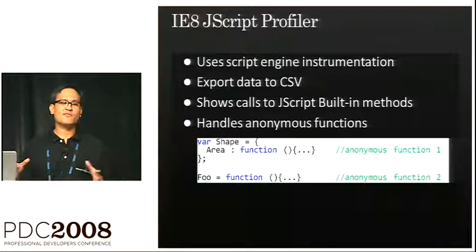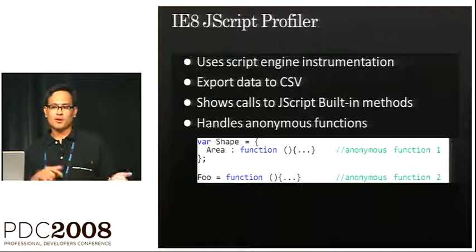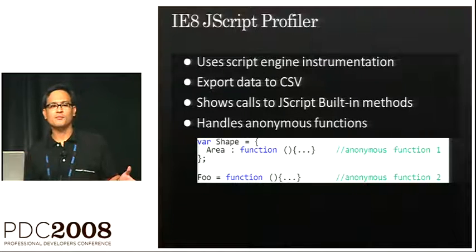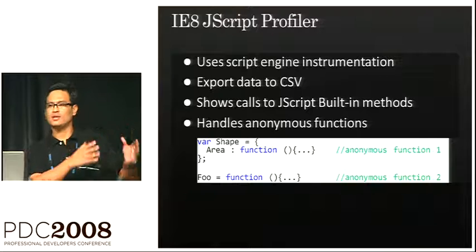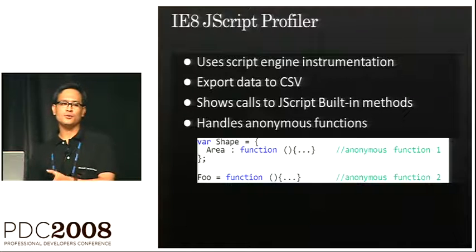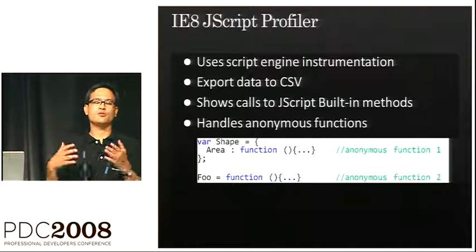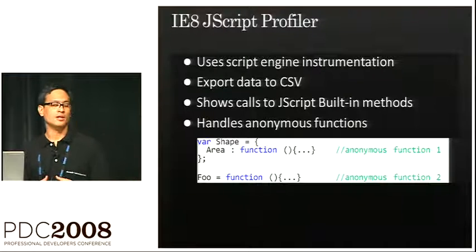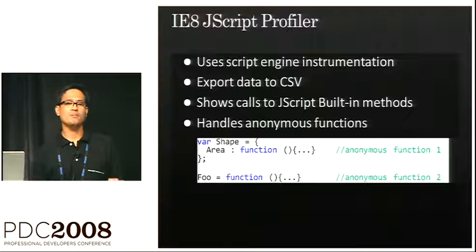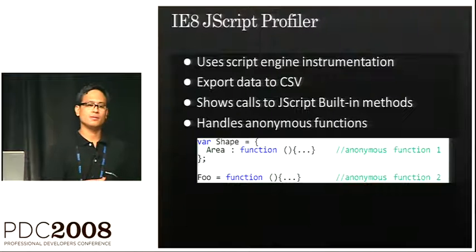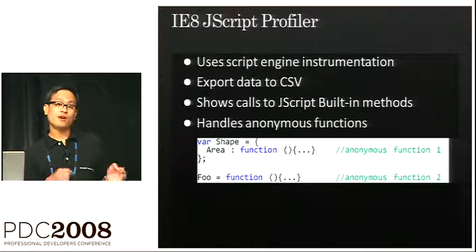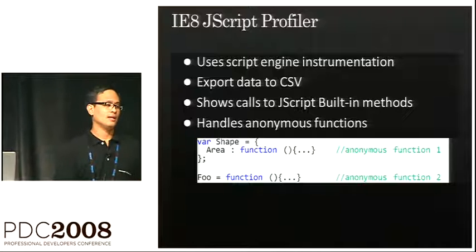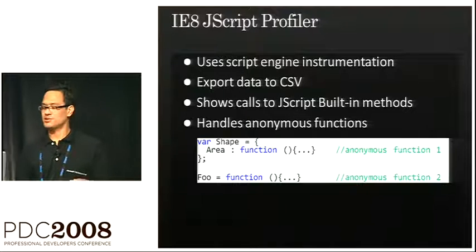You find that anonymous functions are everywhere, and the problem we faced was when we profile, a report, everything comes up as anonymous. And the only way to identify those functions was to actually look up the source code from the URL and the line number information. So what we have done is we have put in place heuristic logic which will try to infer and give a name to each of the anonymous functions.